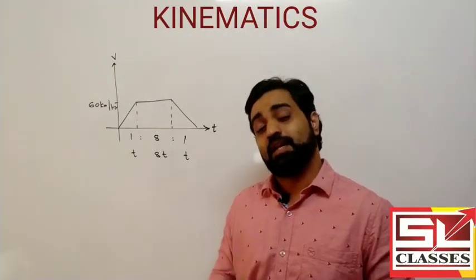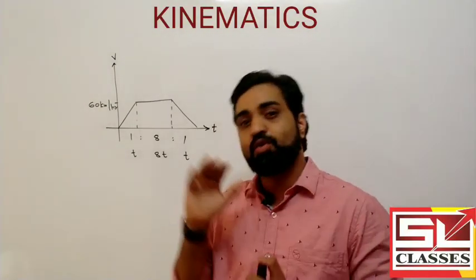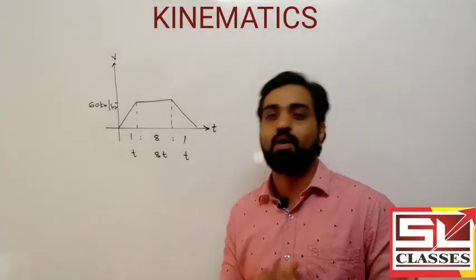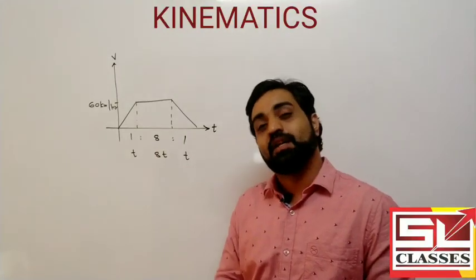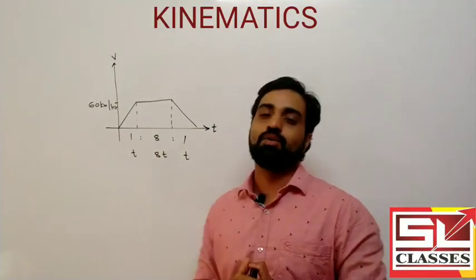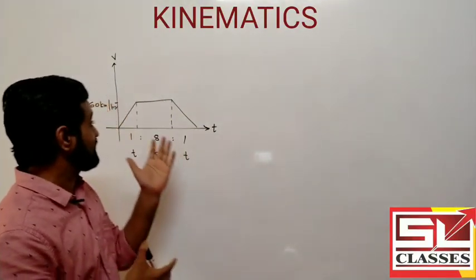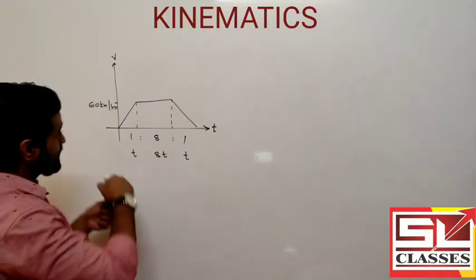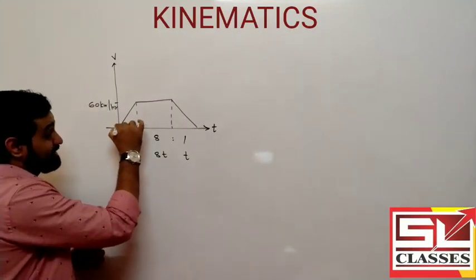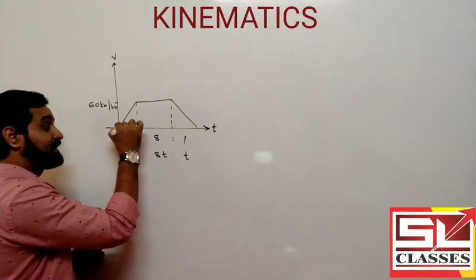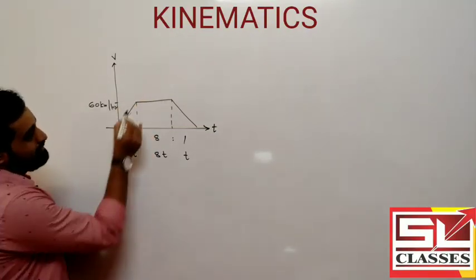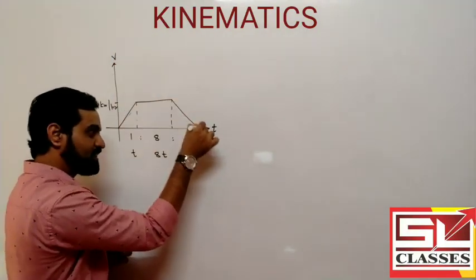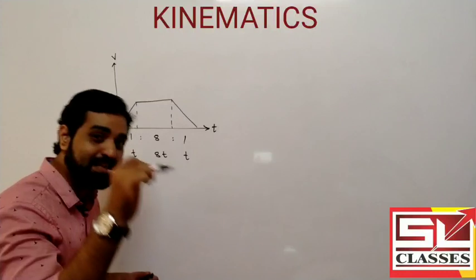After some time, the body moves with constant velocity, that means its acceleration is zero. And again after some time, the body retards. This is the velocity time graph. In the first part the body accelerates, which means its velocity increases. Then it moves with uniform velocity, that is, velocity is constant. After that, velocity decreases, that means it has a deceleration.